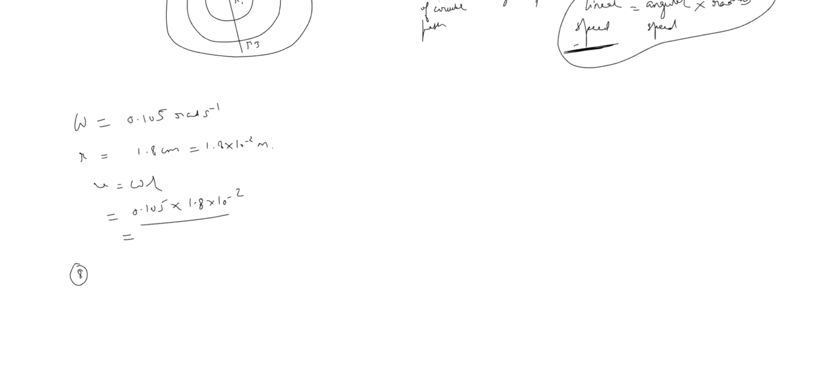So, 8A is 6 rad per second. How do you find angular speed?